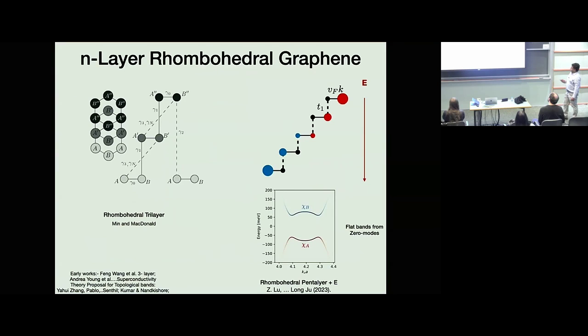This is a very interesting structure for topological bands, because if you just look at one column of atoms, you have a hopping within the layer, which is the usual graphene hopping. If you expand it around the Dirac node, it's v_F times k. You can think of k as a complex number. And then there's a hopping between the layers, this t_1.